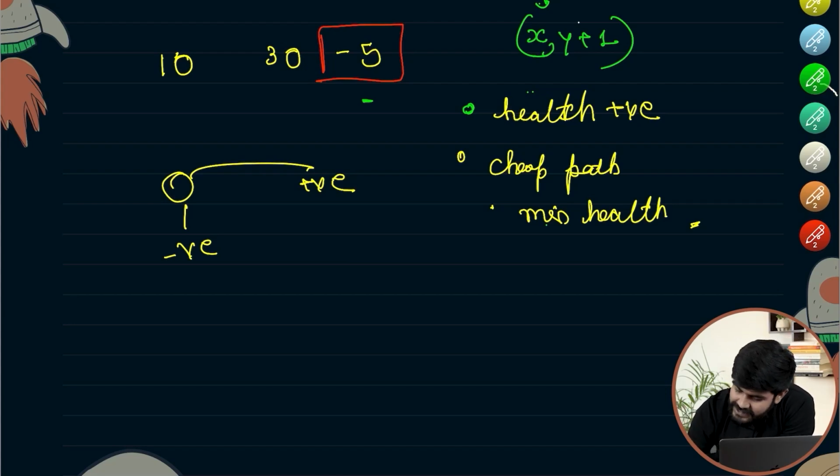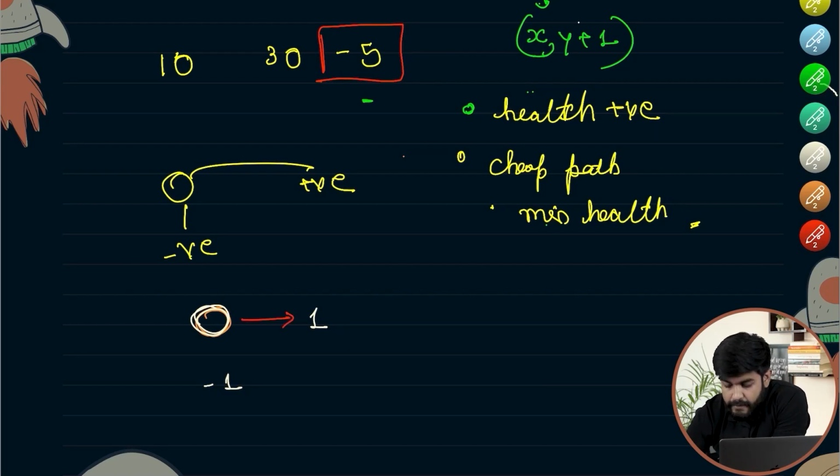So the idea is, let's say I'm standing here, and here I have a value of 1. Here I have a value of, let's say, -1. So if I am here, I would try to go on the right hand side because I thought that yes, positive values would always be beneficial.